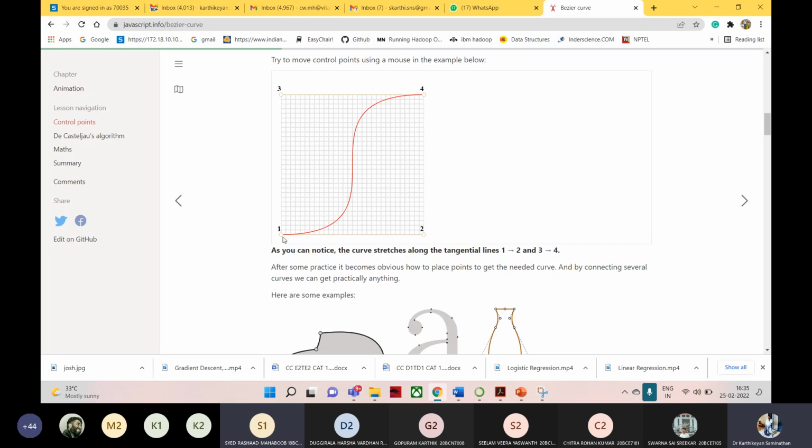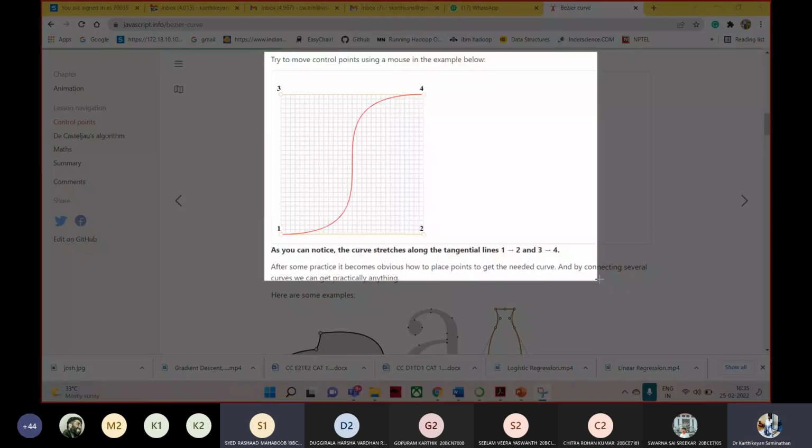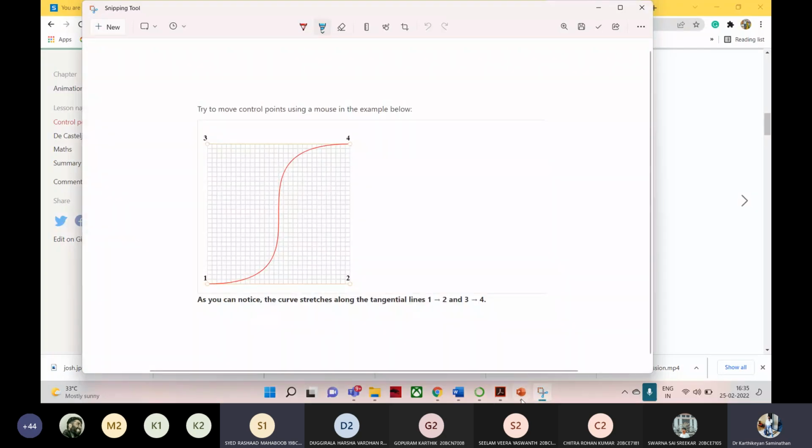So I used to say there will be a total of 4 control points. This is the first control point, this bend is another control, the third is another control. How is this happening? Because this curve shape is changed.